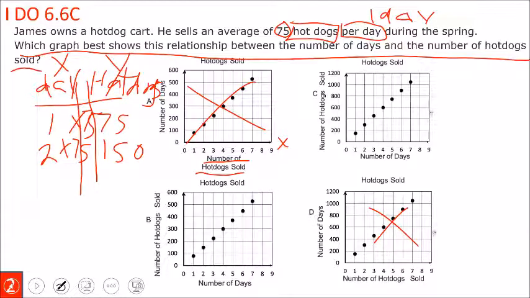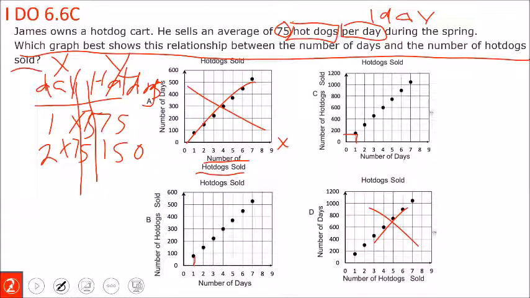So if you look at the 1 and this one, this looks like it's just a tad over. It's kind of like 175. Well, that doesn't look like it works. Let's look at this one.